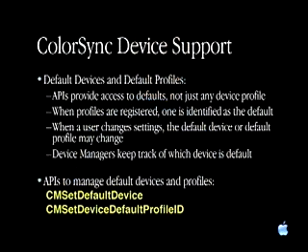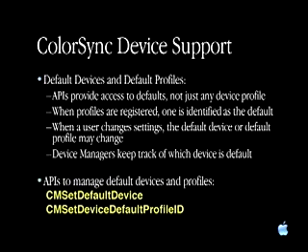In terms of defaults, well, we saw that the APIs for profiles for standard devices give access to defaults, not just any device profile. And the way this works is that when profiles are registered, one of them is identified as the default for that device. Over time, a user may change their settings. For example, maybe initially when installing a printer driver, plain paper is a default setting, and then they go ahead and change it to glossy or something like that.